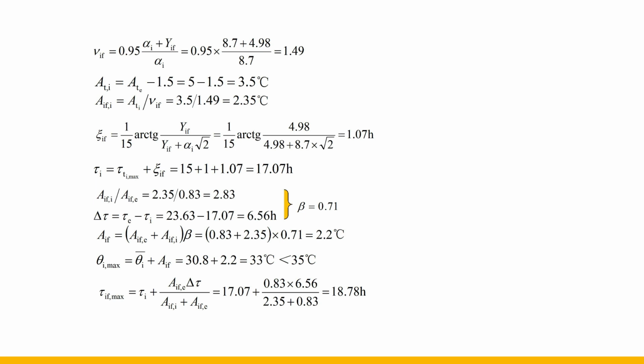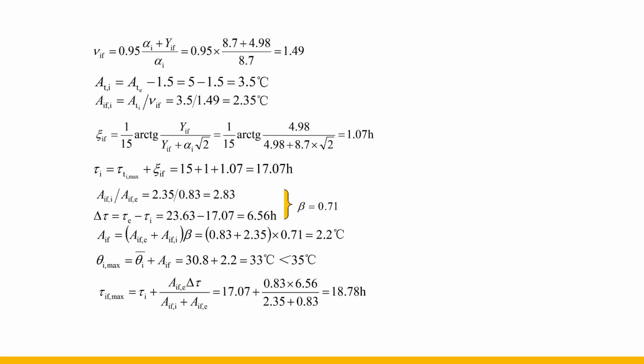According to the ratio of the inner surface temperature amplitude caused by indoor harmonic to the inner surface temperature amplitude caused by outdoor harmonic, and the difference between the appearance time of the maximum temperature of the inner surface caused by the outdoor harmonic of 23.63 and the appearance time of the maximum temperature of the inner surface caused by the indoor harmonic of 17.07 was 6.56, the time difference correction coefficient was found to be 0.71.